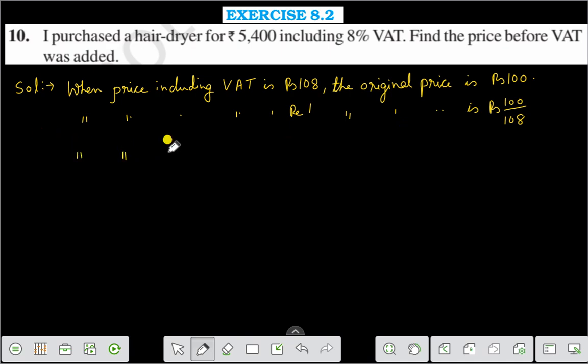When the price including VAT is rupees 5400, the original price is rupees 100 by 108 into 5400. Therefore, we are getting 100 by 108 into 5400.